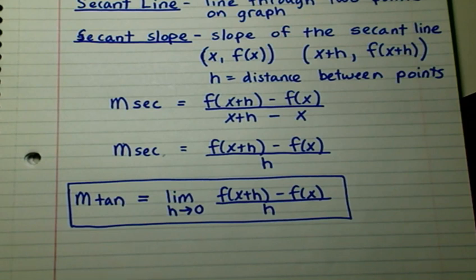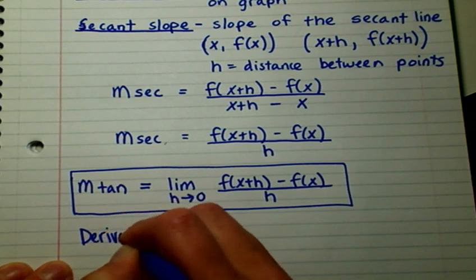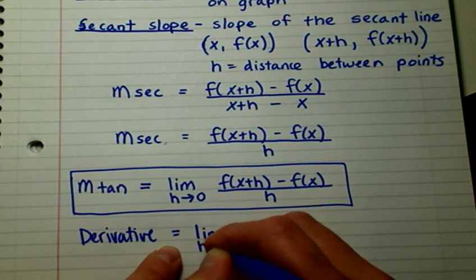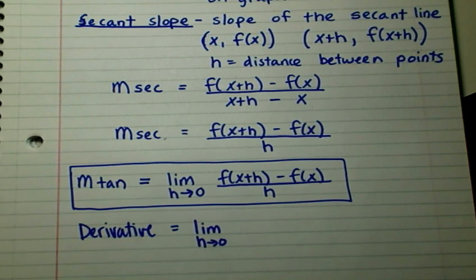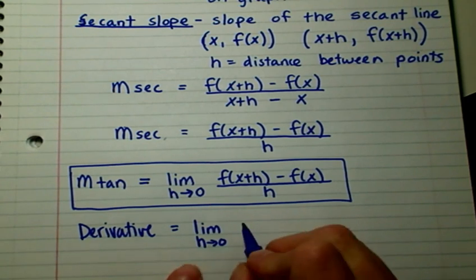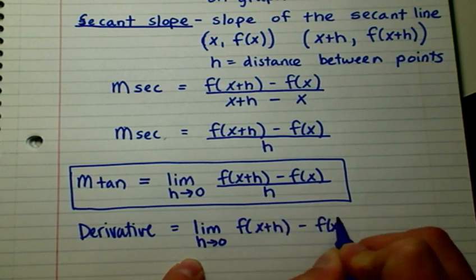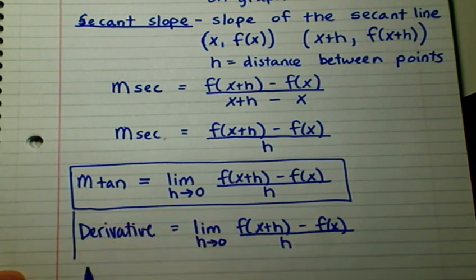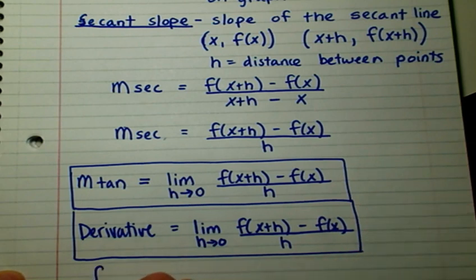Now I'm going to put a couple more words in here. I'm going to say derivative equals the limit, as I'm just copying the limit statement, right? Because we have a couple words that are interchangeable that mean the same thing. The other, f prime of x.